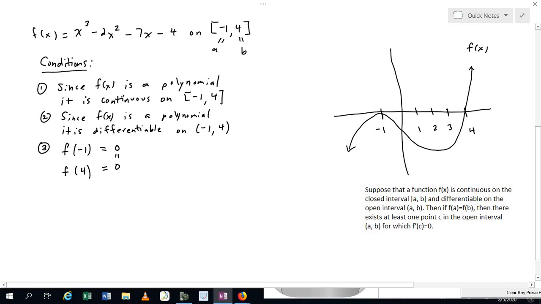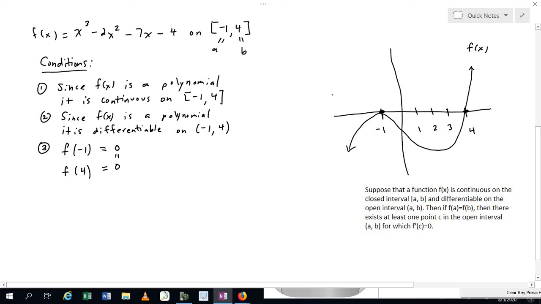And so now that we've satisfied all three conditions of the theorem, then the conclusion is true. And it says there exists at least one point C in the open interval from A to B for which the derivative at C is 0. Now visually, you can see on this little graph that f of A and f of B are the same, right?